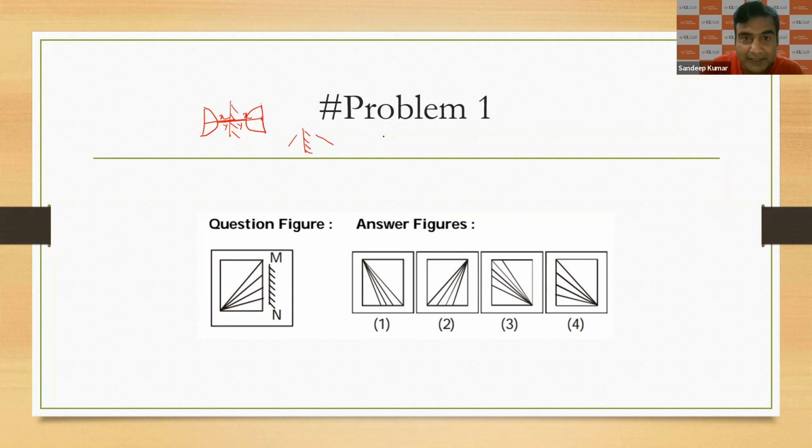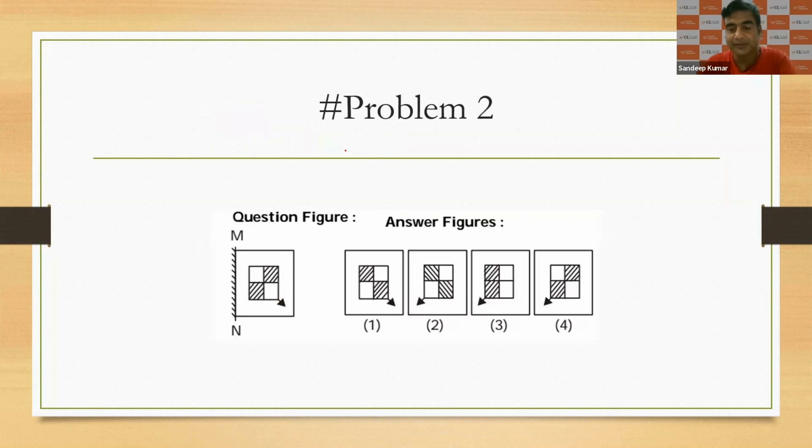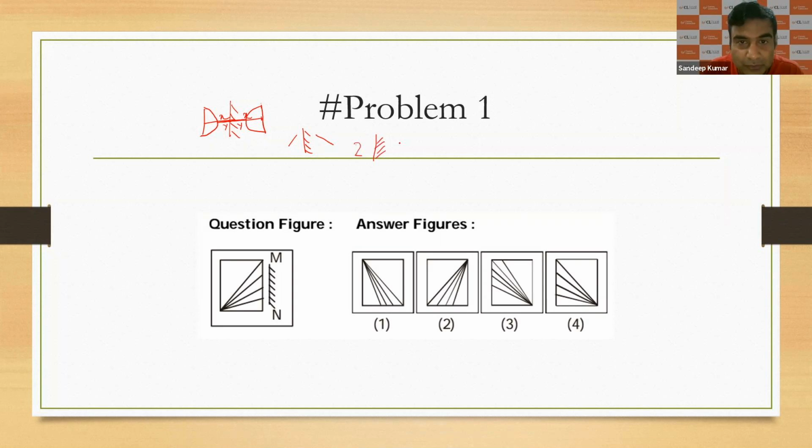If the figure is something like this, let's say we were supposed to write a 2 here. The 2 in this case would come slightly different. This tip of 2 is the furthest away that we have.